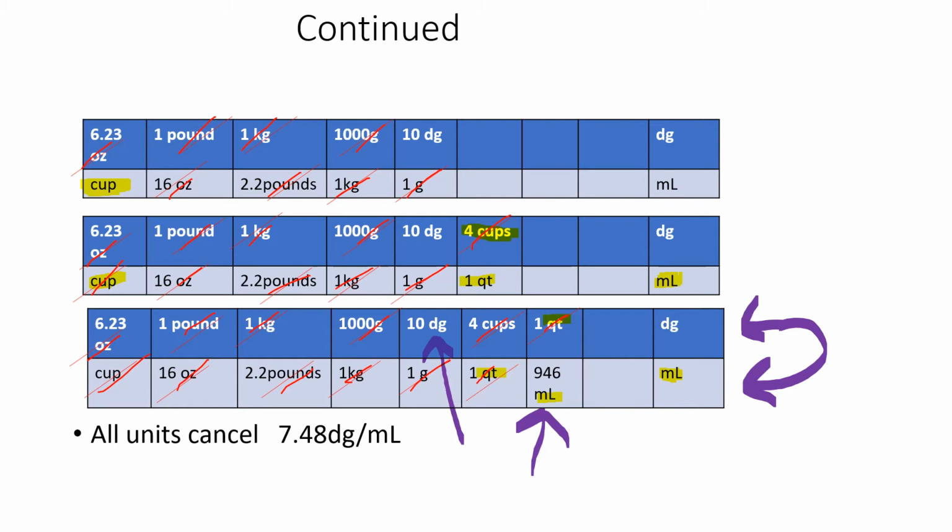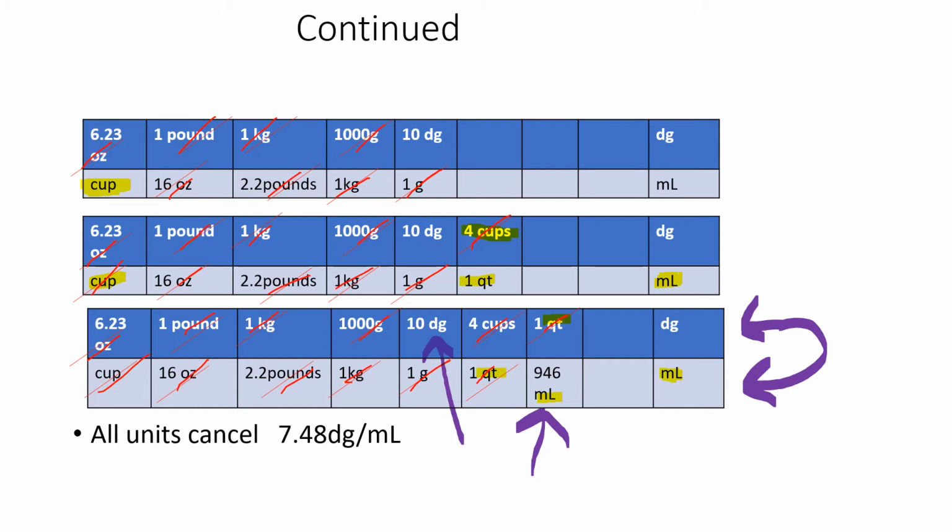Now just comes the mathematical steps. Remember, to actually do the calculation, any number you see in the numerator is a multiplication. Any number you see in the denominator is a division. So in order to calculate this out, how would we key this in? Well, across the top, we're multiplying 6.23 times 1,000 times 10 times 4. And now we're dividing across the bottom: divided by 16, divided by 2.2, divided by 946.